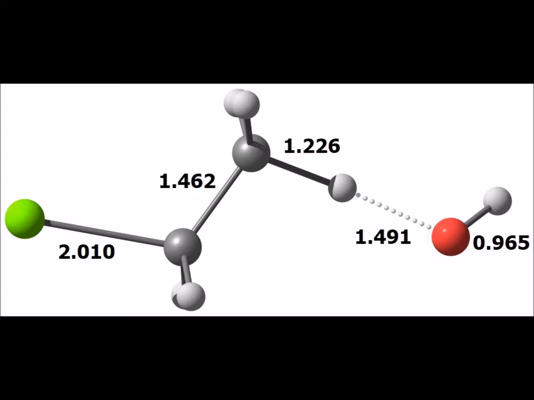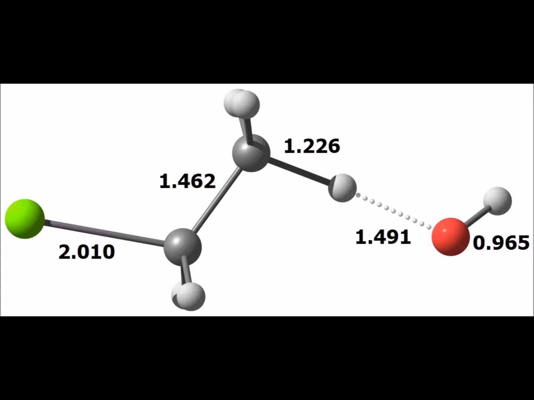This is the computed transition state for the elimination reaction of the very strong base hydroxide acting on chloroethane, abstracting the beta hydrogen that is anti-periplanar to the leaving group of chlorine.